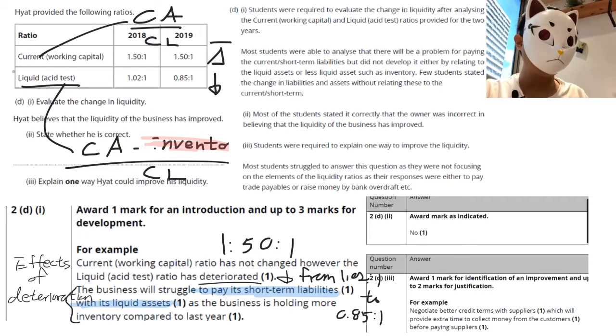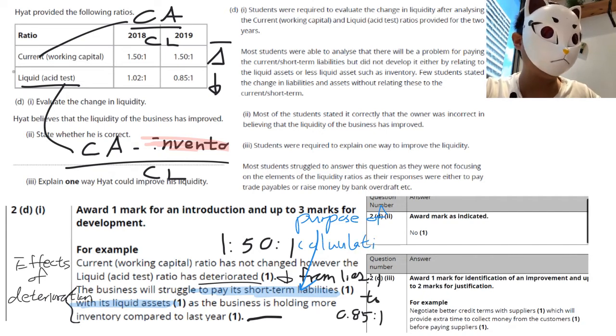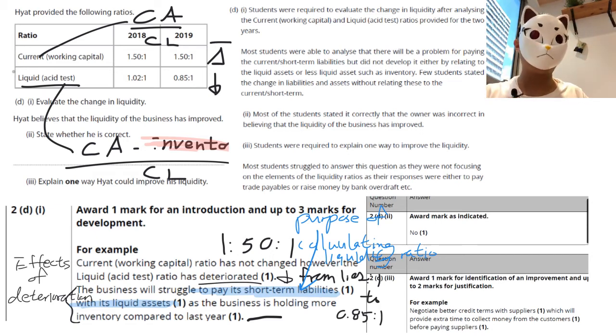So you may mark it down. This would be the purpose of calculating these liquidity ratios: to measure the ability of meeting short-term obligations with the liquid assets.